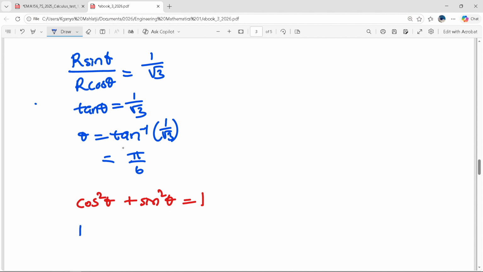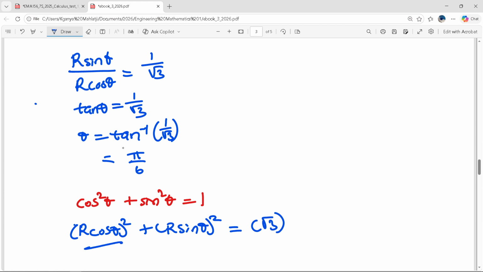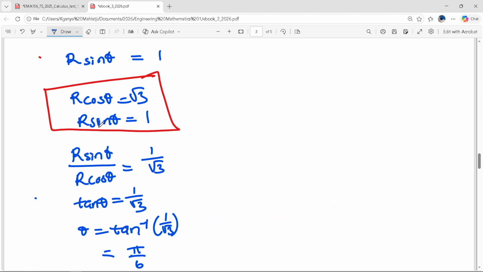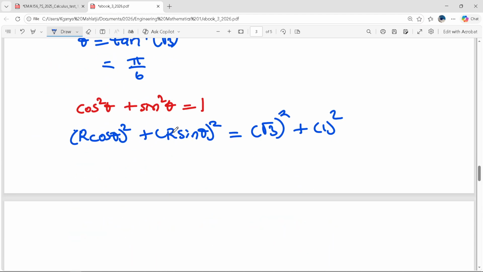Using the identity, r cos theta all squared plus r sine theta all squared. Remember, r cos theta equals root 3, and r sine theta equals 1. You can refer to those two equations which we are using.